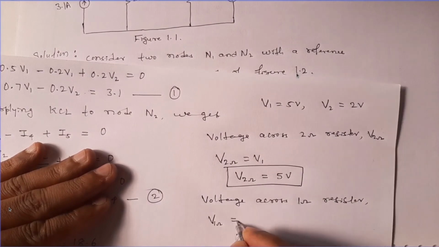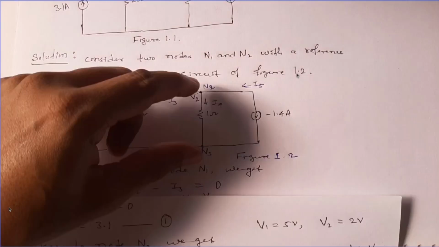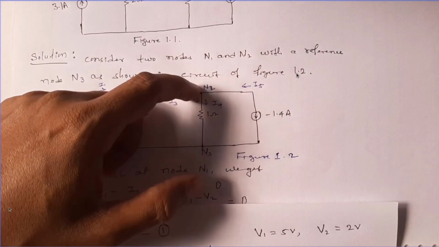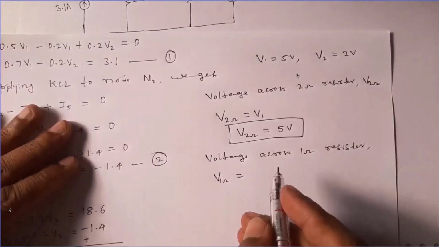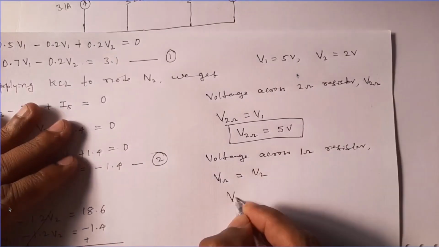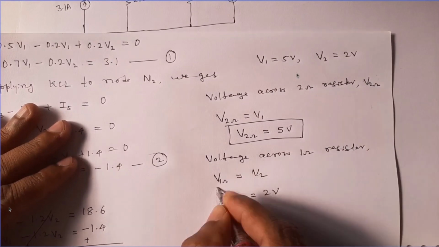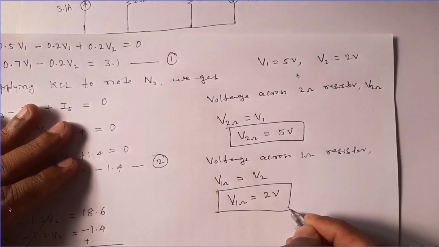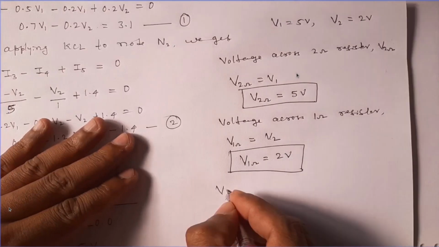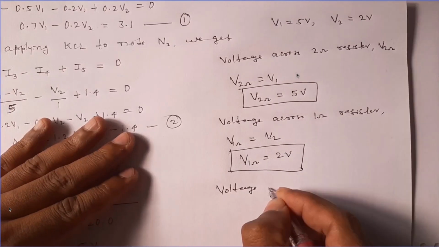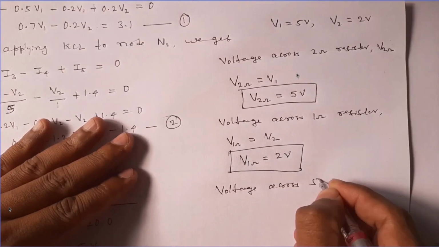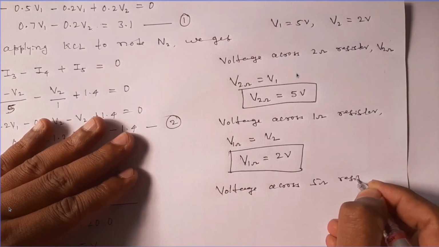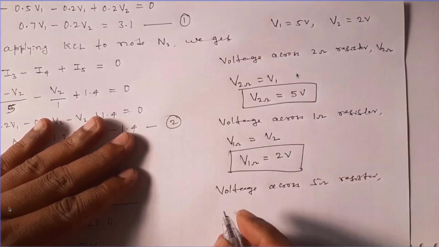The voltage across the 1 ohm resistor is V2, so V1 ohm is equal to 2 volts. Now finally we should find the voltage across the 5 ohm resistor.